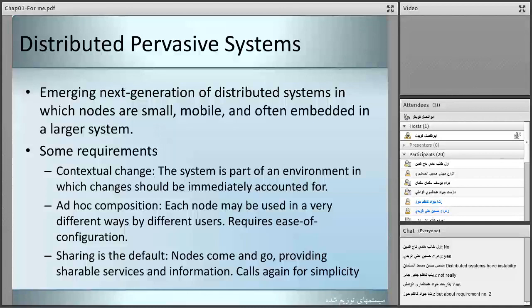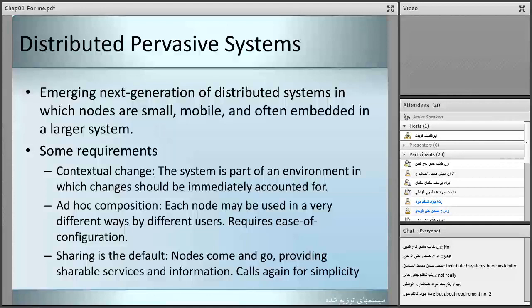So the third and last type of distributed systems are called pervasive. Pervasive systems are those systems in which the nodes or machines are small, mobile, and often embedded in a larger system.